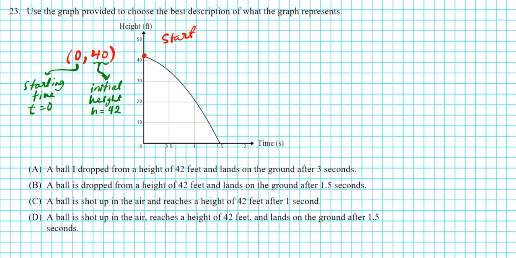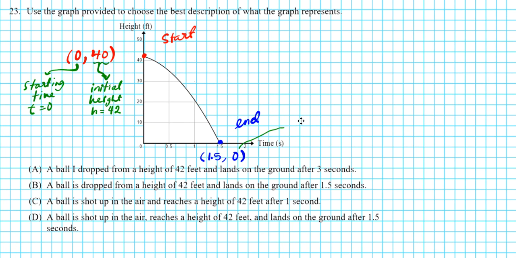And then when you get over here, this is the end of the ball drop activity. The coordinates of this point are 1.5 and 0. Okay, so what does this coordinate mean? The 0 basically represents the height from the ground.